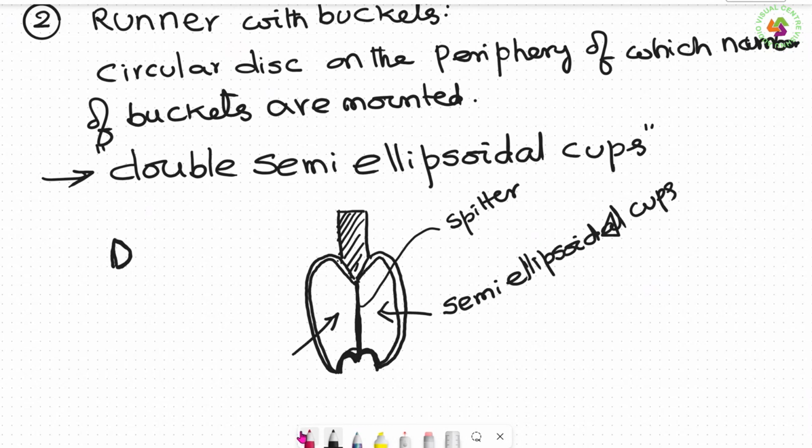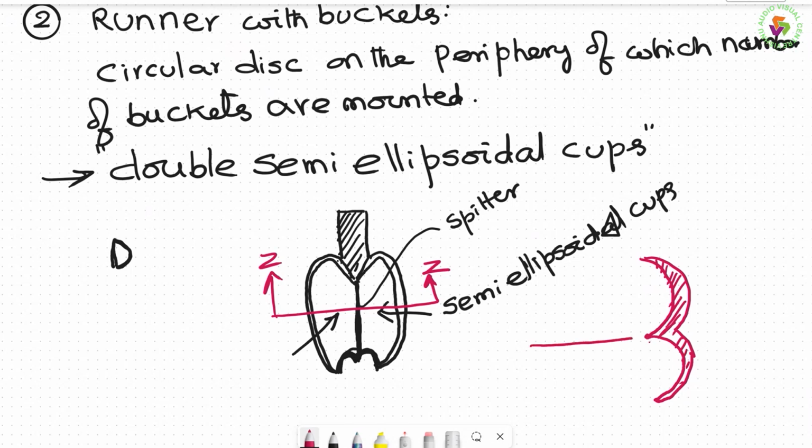If I take the section of it, this is how it appears. So this is the splitter.